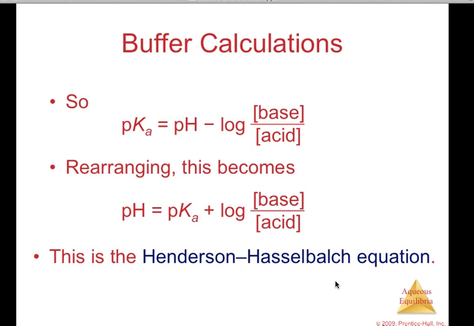So if we're working with a buffer solution, this can be used to calculate the pH of that buffer solution. pH is equal to the pKa of the acid plus the log of the concentration of the base, which may be the anion of the acid, over the concentration of the acid. And this is known as the Henderson-Hasselbalch equation.